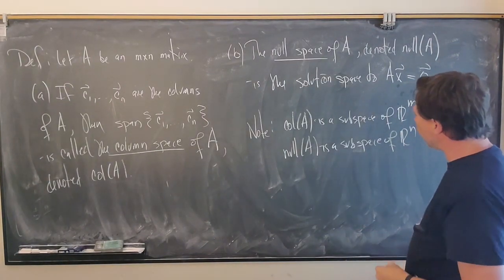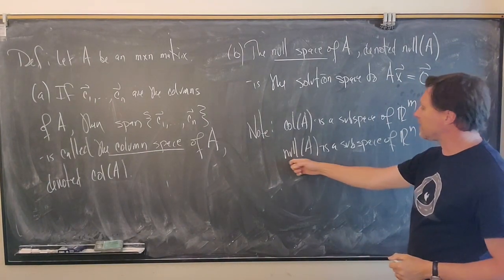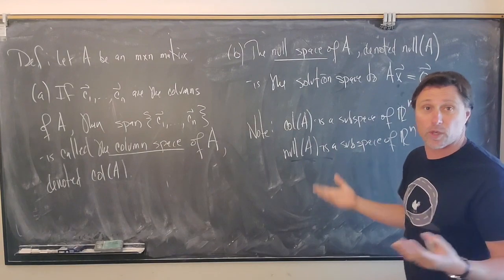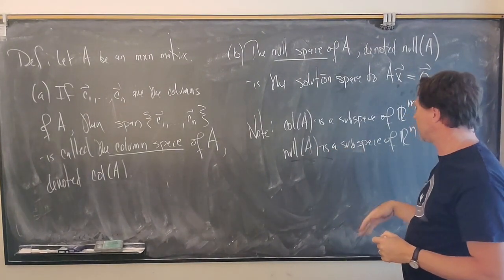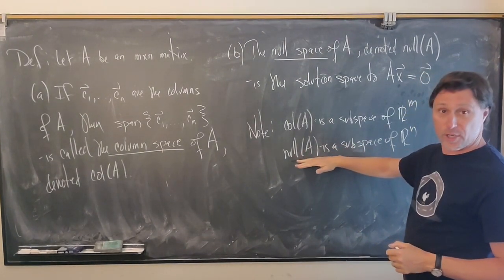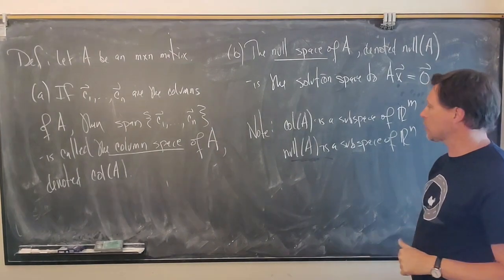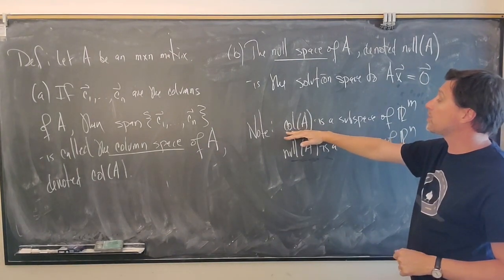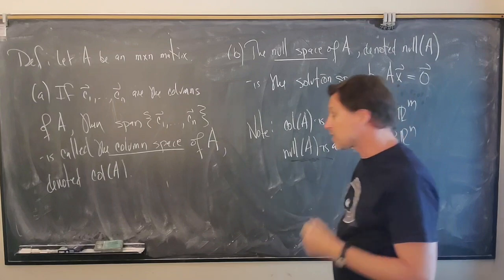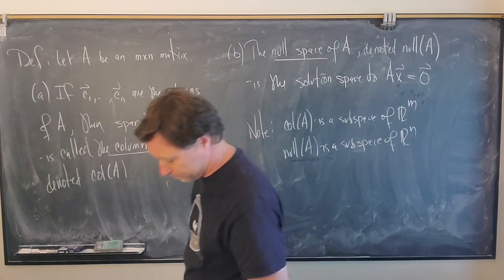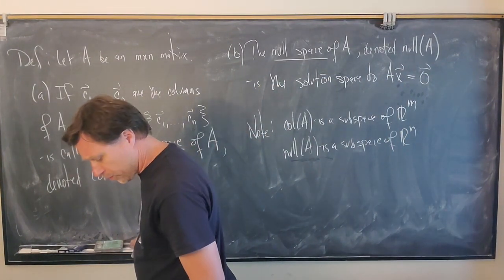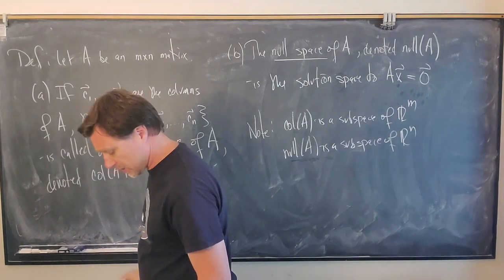Now, I've done a few examples of finding bases for null A. I didn't say the words null A, but I've shown how to find a basis. I'm going to write out the procedure to take all the guesswork out of it, and we're also going to develop a procedure for finding a basis for the column space of A. Before we do that, let's see why the column space might be important.